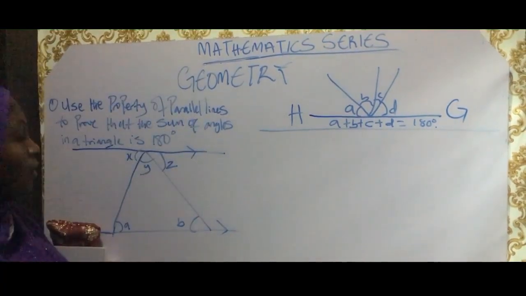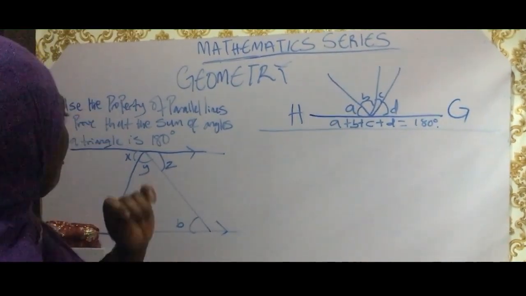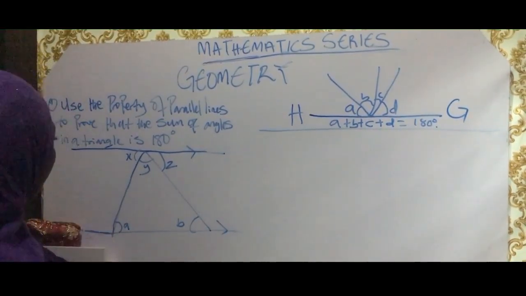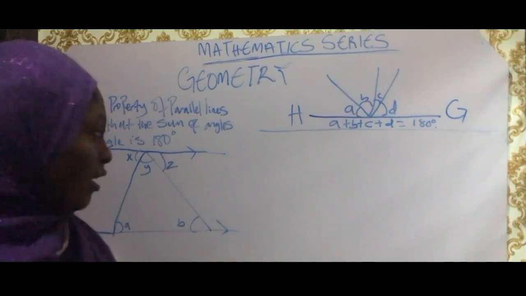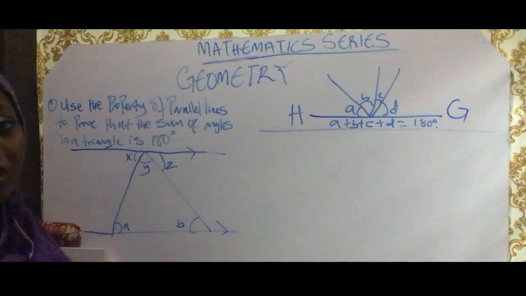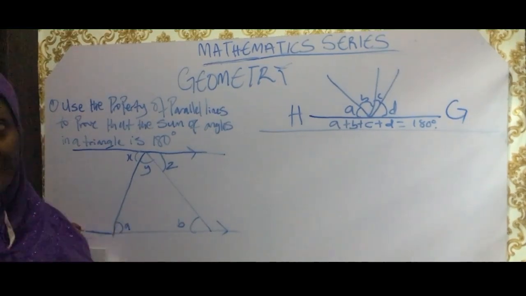Now back to the question, use the property of parallel lines to prove that the sum of angles in a triangle is 180 degrees. We have two parallel lines, and in between the parallel lines, we have a triangle. Now, the triangle is made up of two transversals, you can see a transversal here and a transversal here.